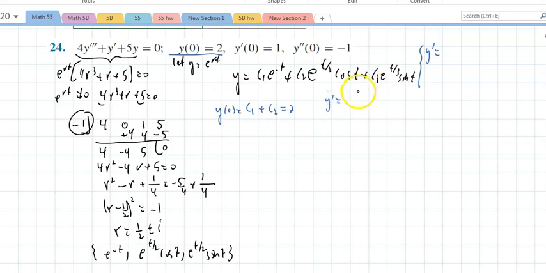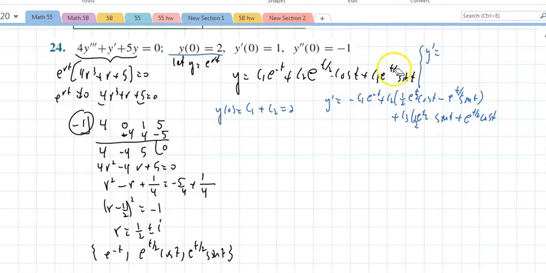Y prime would be negative c sub 1 e to the negative t plus c sub 2 times the product rule: derivative of the first times the second plus the first times derivative of the second, which is a negative sine of t, plus c sub 3 times the same deal, 1/2 e to the t over 2 times sine of t, plus e to the t over 2 cosine of t.